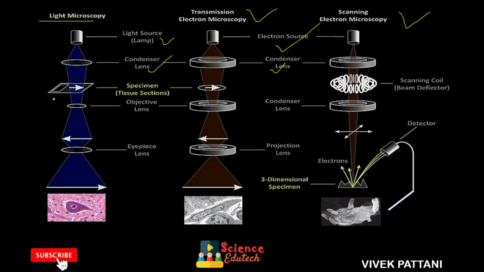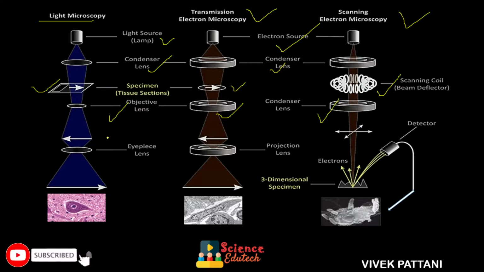The specimen is placed here, the same in light and transmission. But in scanning electron microscopy, a scanning beam deflector is used. In light microscopy the objective lens is placed here, as in transmission, whereas in scanning electron microscopy the condenser lens is used instead of the objective.